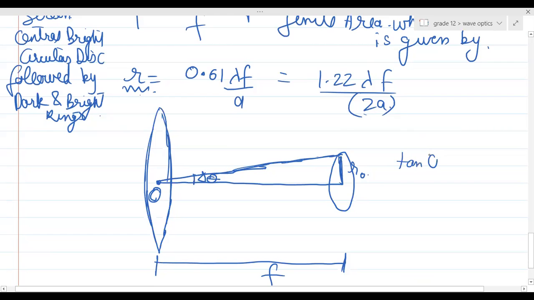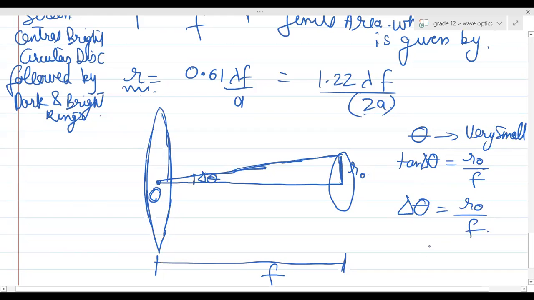Tan theta is equal to R naught divided by F, and always remember theta will be very small, so you can say delta theta is equal to R naught by F, or from here you can say R naught is equal to F into delta theta.